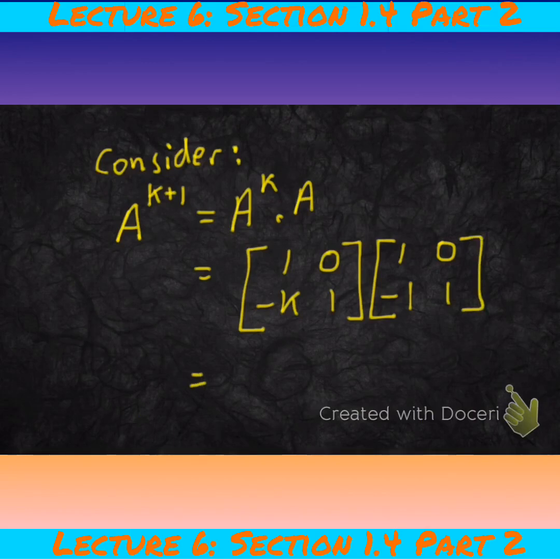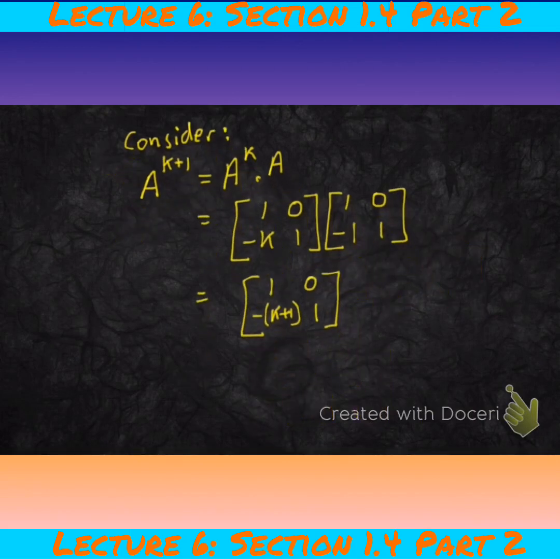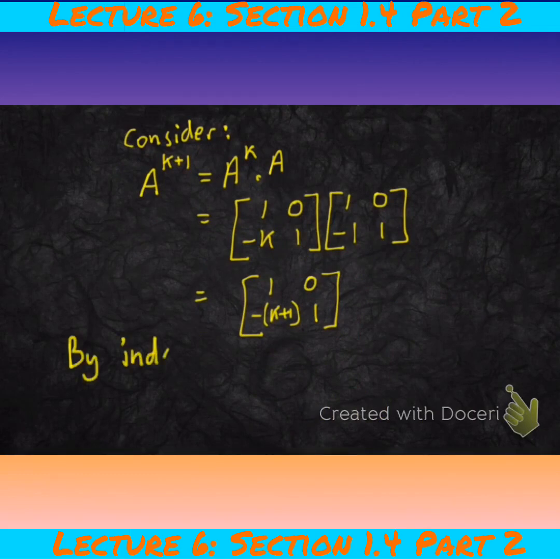So that is just going to be the matrix 1, 0, minus (k plus 1), and 1. And so by induction it follows that in general it's true. Okay, so by induction our claim is verified.